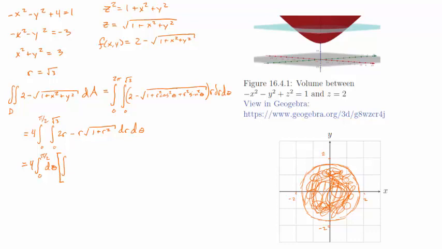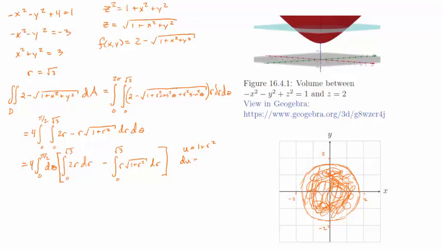So this integral from 0 to pi over 2 of d theta is going to multiply the integral from 0 to square root of 3 of 2r dr minus the integral from 0 to square root of 3 of r square root of 1 plus r squared dr. And then here I'm going to use u equals 1 plus r squared.